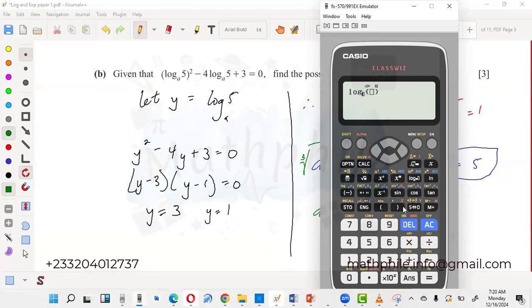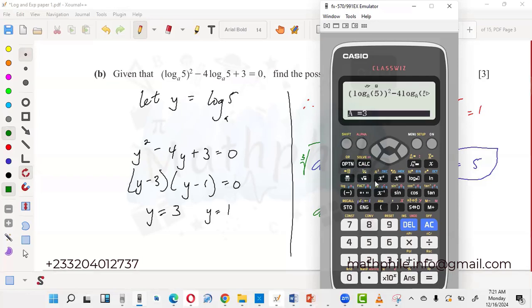So we've got (log 5 base a) squared minus 4 log 5 base a plus 3. If you test whatever answer we put in for a, we should get 0.